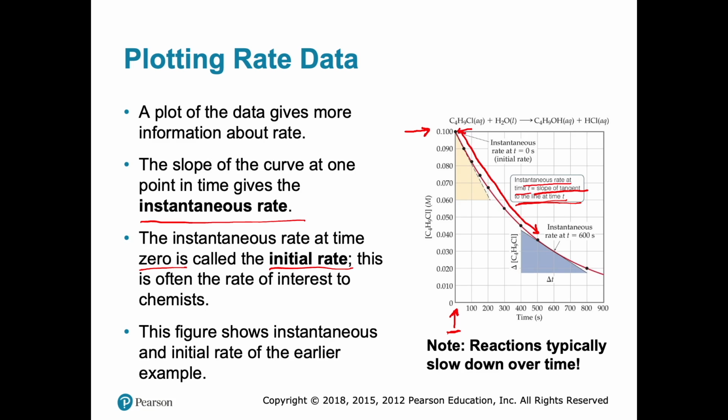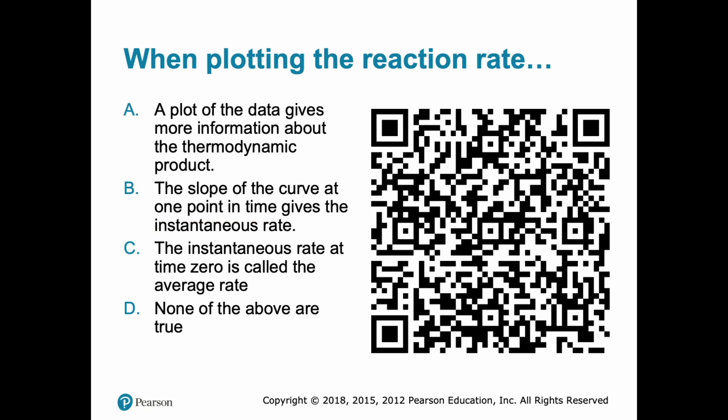And the way we do that, based on the statement right here that I just underlined, is by taking the slope of the tangent to the data point at time zero and concentration 0.1, okay?